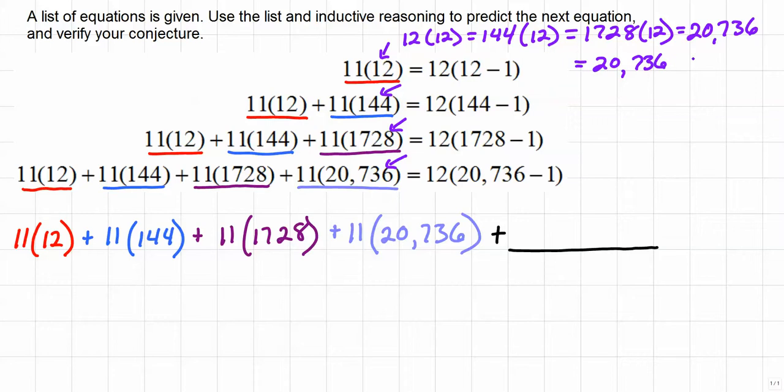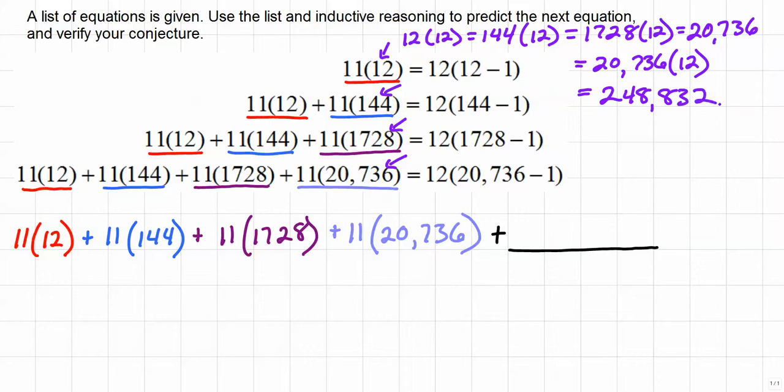So logically, it makes sense that the next term I need to come up with, I'm going to take this value of 20,736 and multiply it by 12. And that will be equal to 248,832.